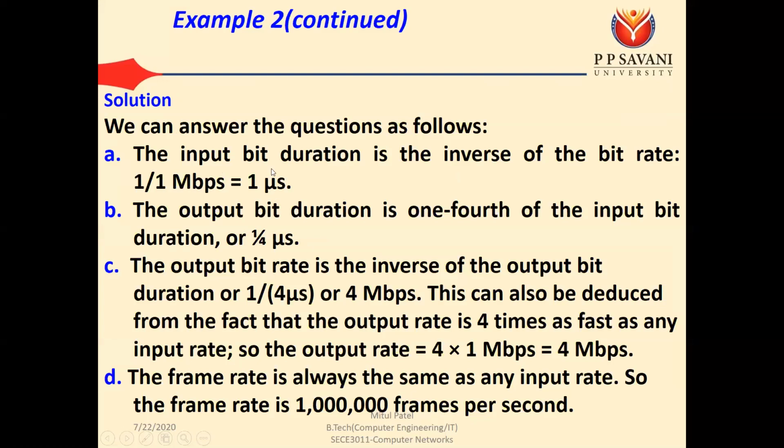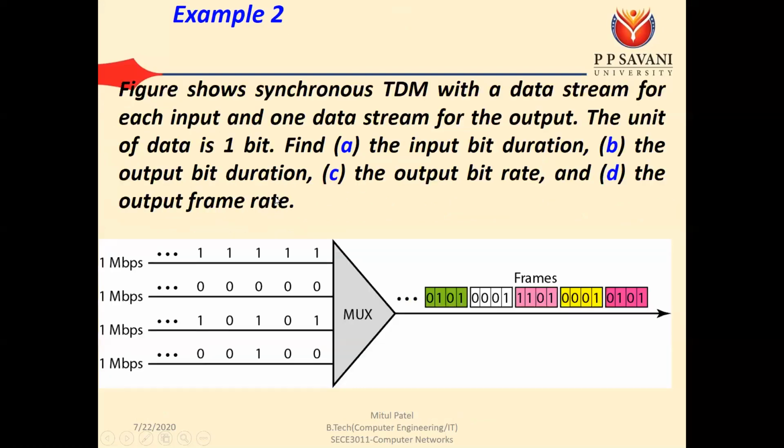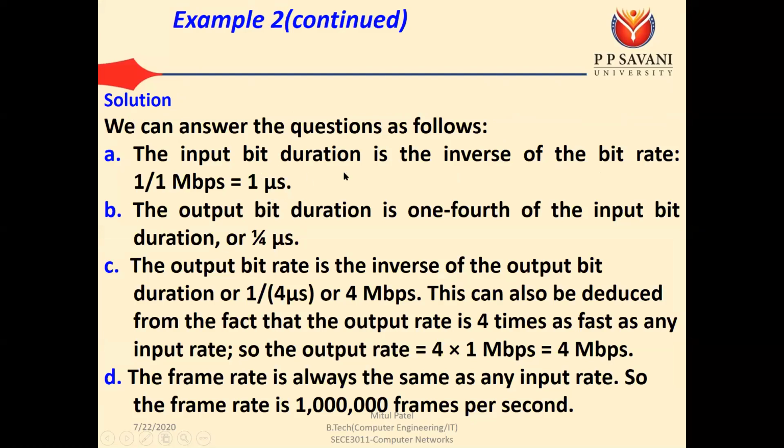So the input bit duration is the inverse of the bit rate. So 1 Mbps ને inverse કરીએ તો આપણને input bit duration મળે, that is our 1 microsecond. The output bit duration is 1/4 of the input bit duration, so 1 by 4 microsecond.